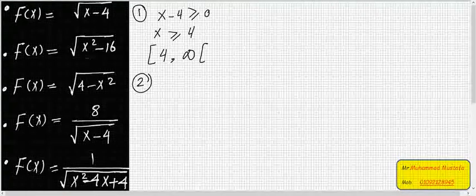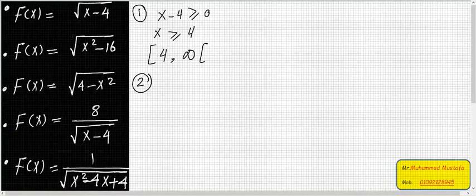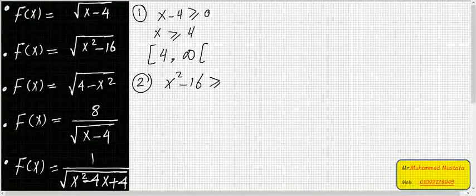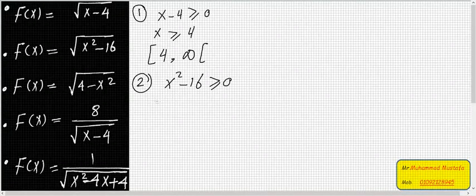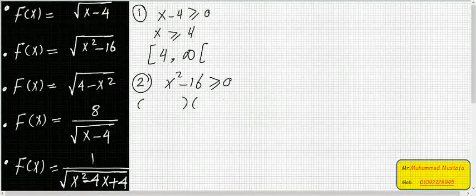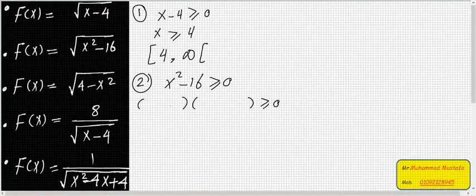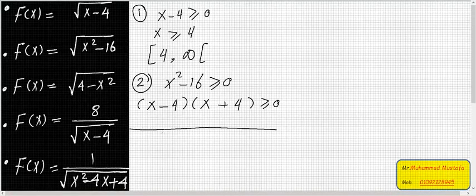The expression is under the square root and the index of the root is even: x² - 16 greater than or equal to 0. We can factorize it by the difference of two squares: (x - 4)(x + 4). We find that 4 and -4 are the two roots.